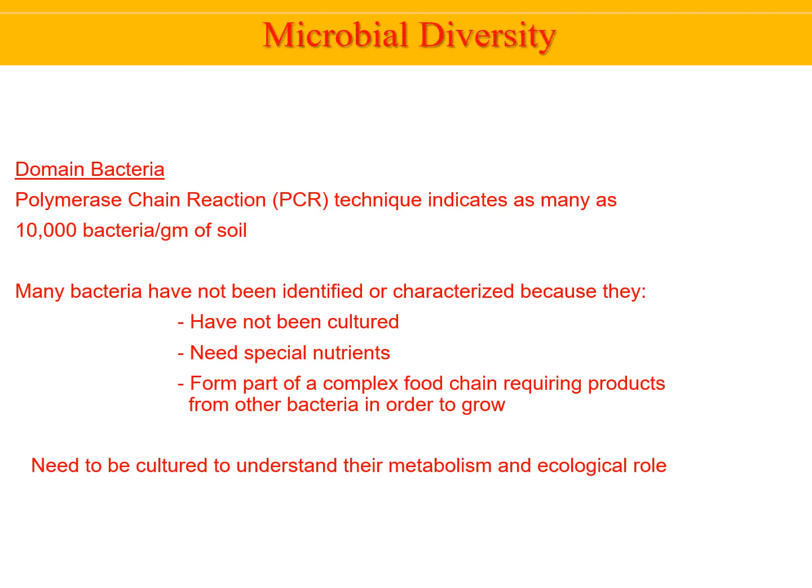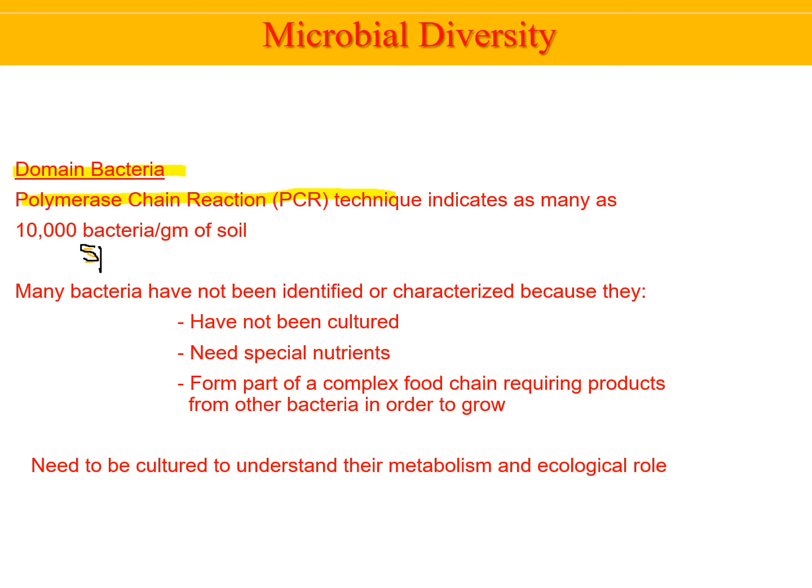Now the domain bacteria, using a technique called polymerase chain reaction, or PCR, there is strong evidence that there can be as many as 10,000 different bacterial species per gram of soil.